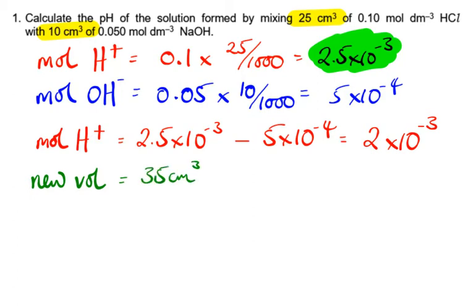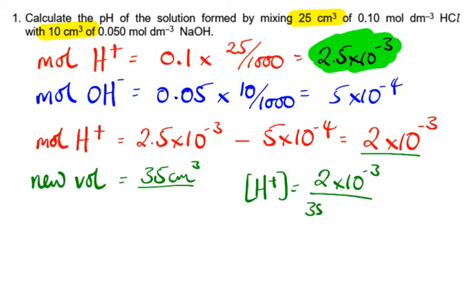So we've got the moles of the acid and we've got the volume, which means we can work out the new concentration of the hydrogen ions. And that comes out to be approximately 0.0571 moles per decimeter cubed.